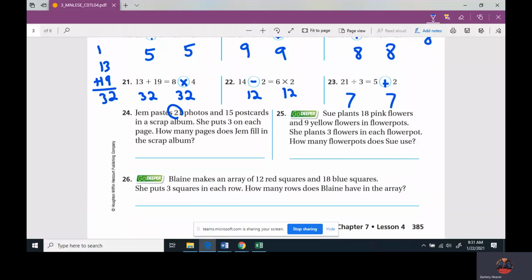Jim pastes 21 photos and 15 postcards in a scrap album. She puts 3 on each page. How many pages does she fill? Well, first off, we got to find our total. So 21 photos and 15 postcards.